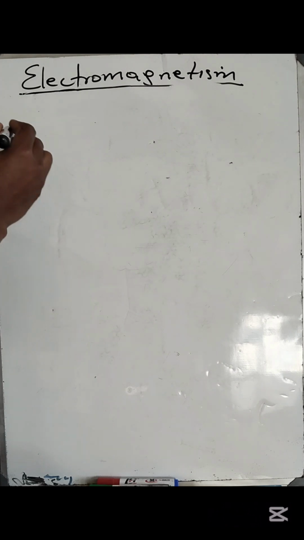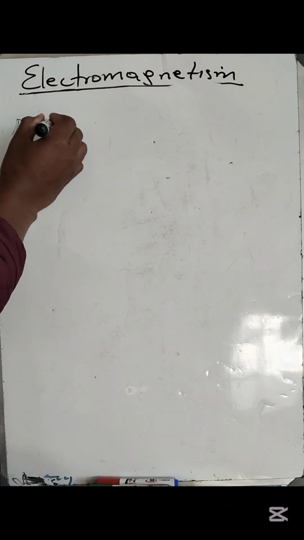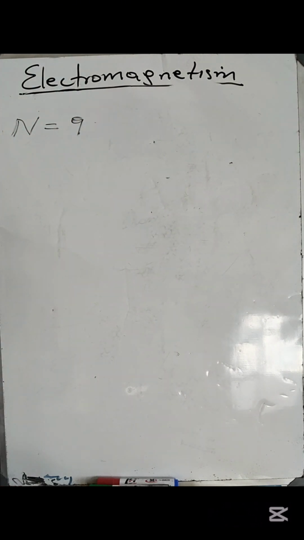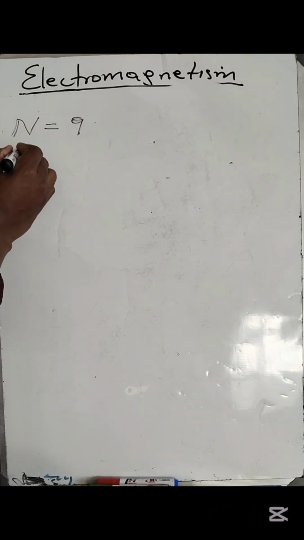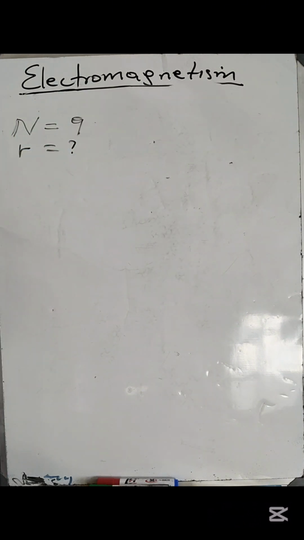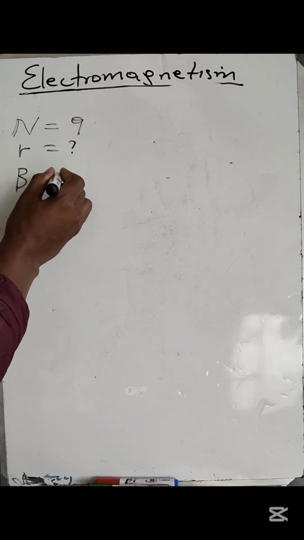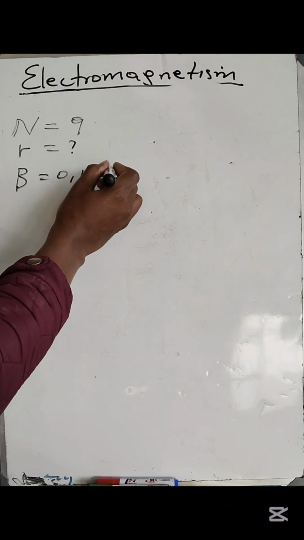So we are given that the solenoid has 9 turns. So the number of turns is equal to 9. Then the radius is unknown. The solenoid is subjected to a magnetic field of 0.12 Teslas.